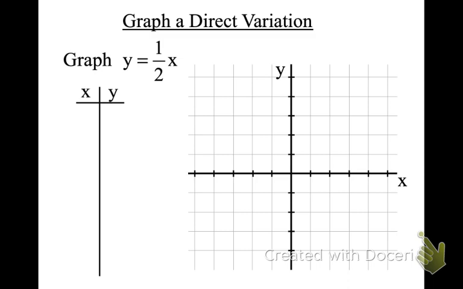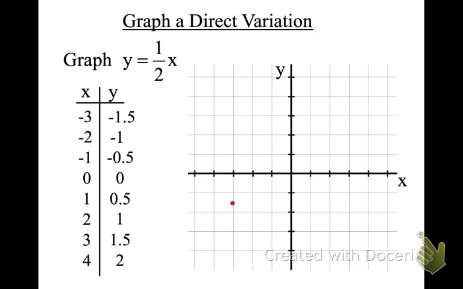Okay, so when x is, let's go -3. I don't think I would pick -3. I would have picked -2, 0, and +2. So when x is -3, it's -1.5. When it's -2, it's -1. It's a half.